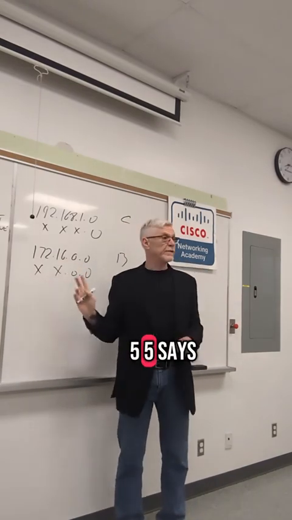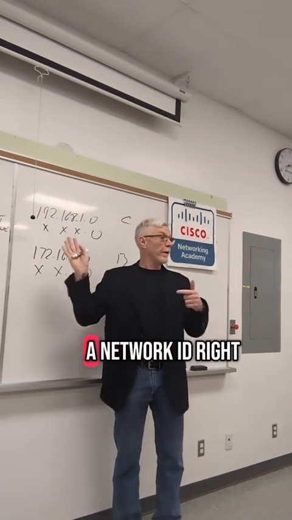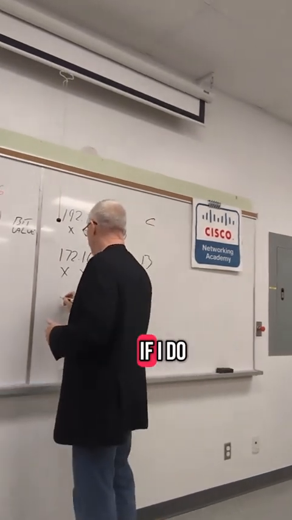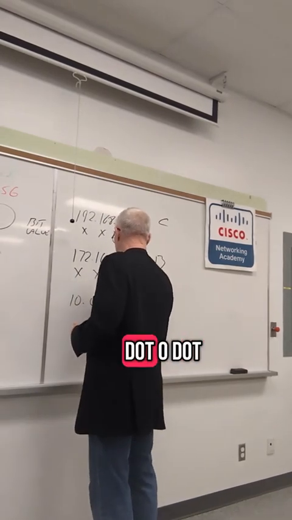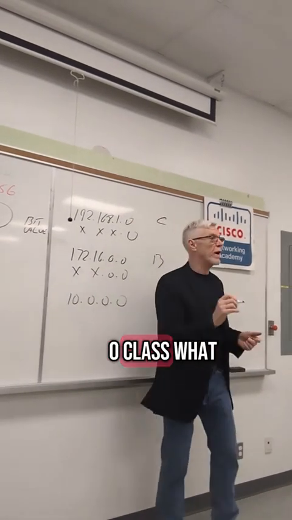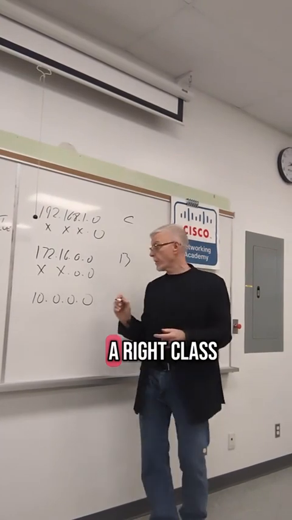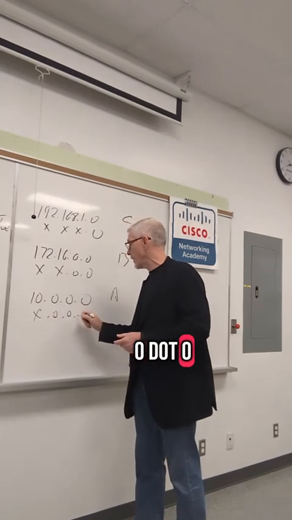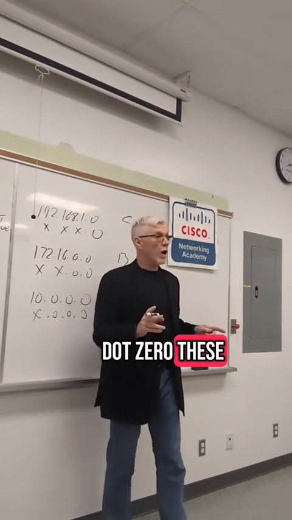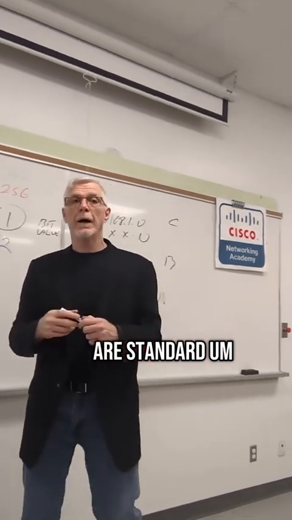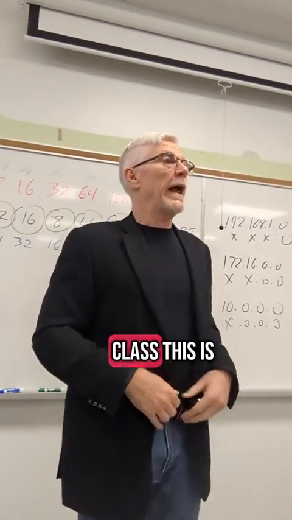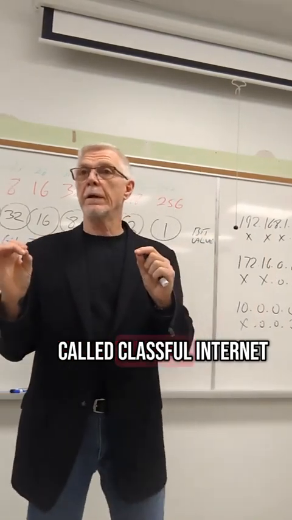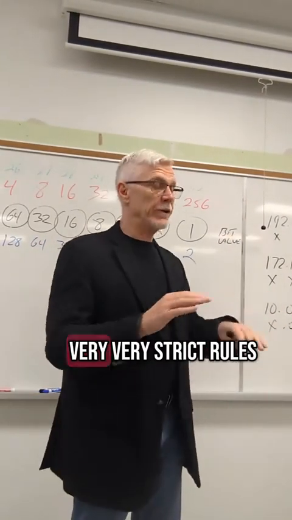And the 255 says this octet is locked in, or a network ID, right? And then what if I do 10.0.0.0? Class what? A, right? Class A. Subnet mask of 255.0.0.0. These are standard classes. This is called classful internet routing. It follows very, very strict rules.